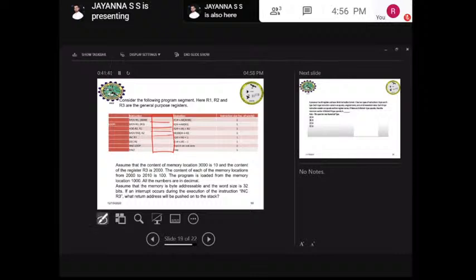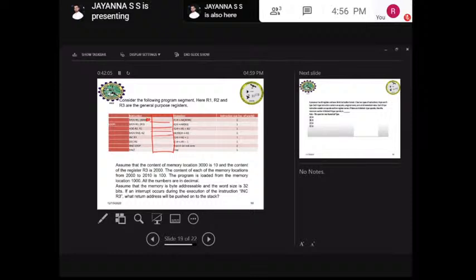Your word size is 32 bits, and these memory locations are byte addressable. And the question says the program is loaded from memory location 1000, so the first address is 1000.